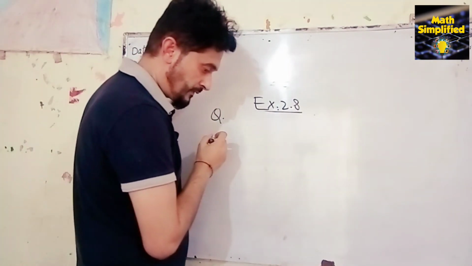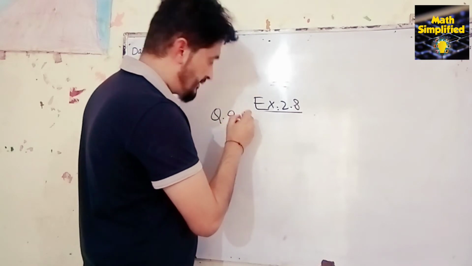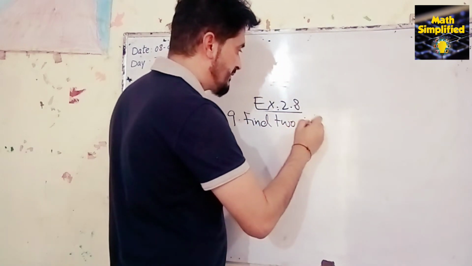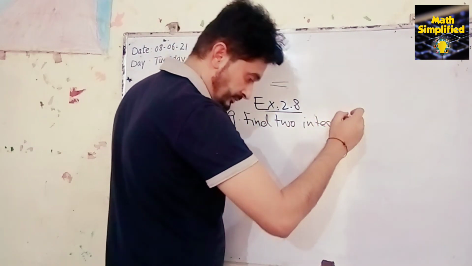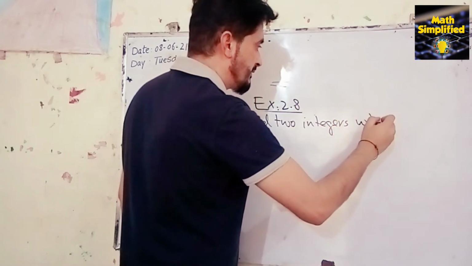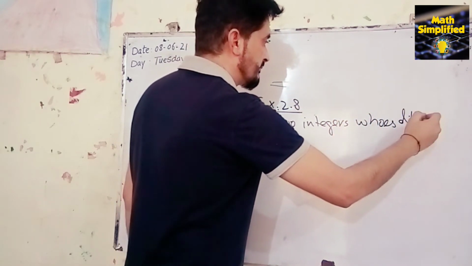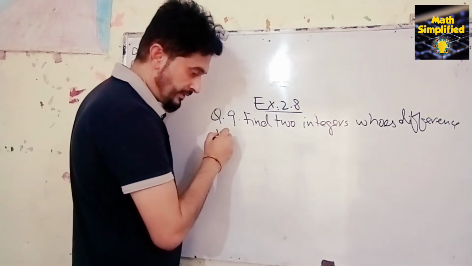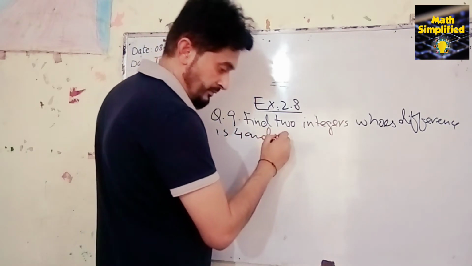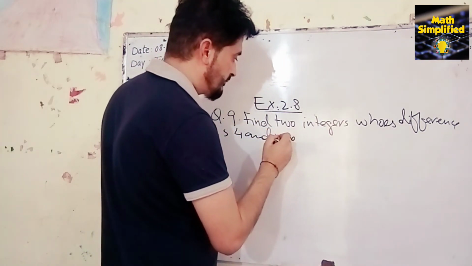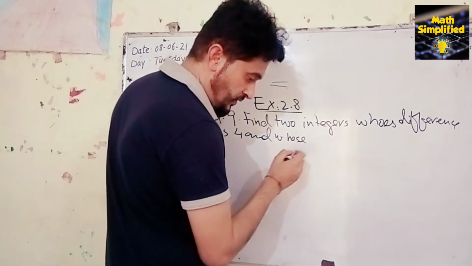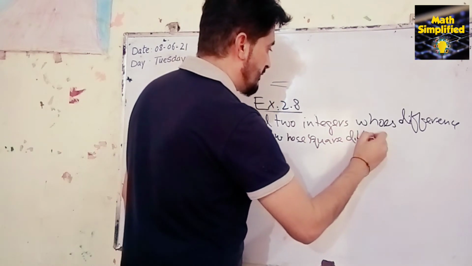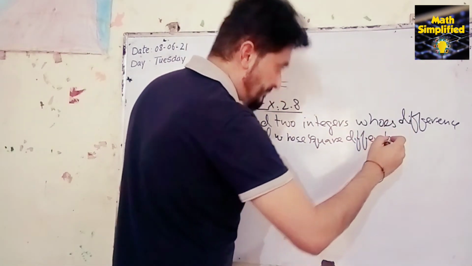Now question number 9. The statement is: find two integers whose difference is 4 and whose squares differ by 72.